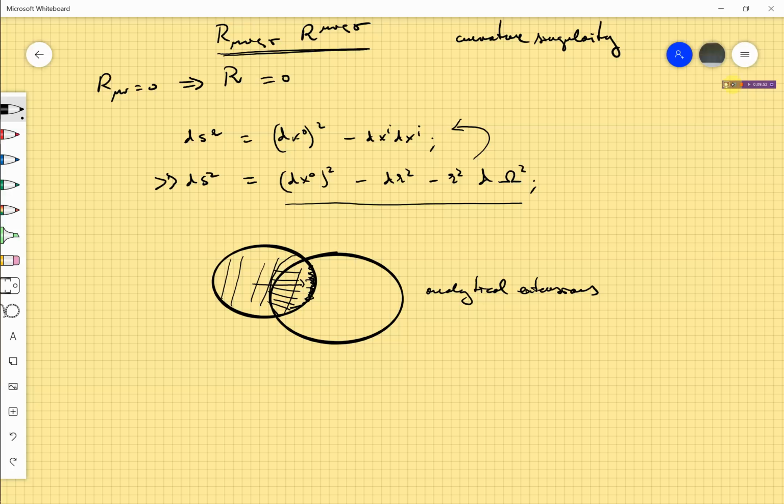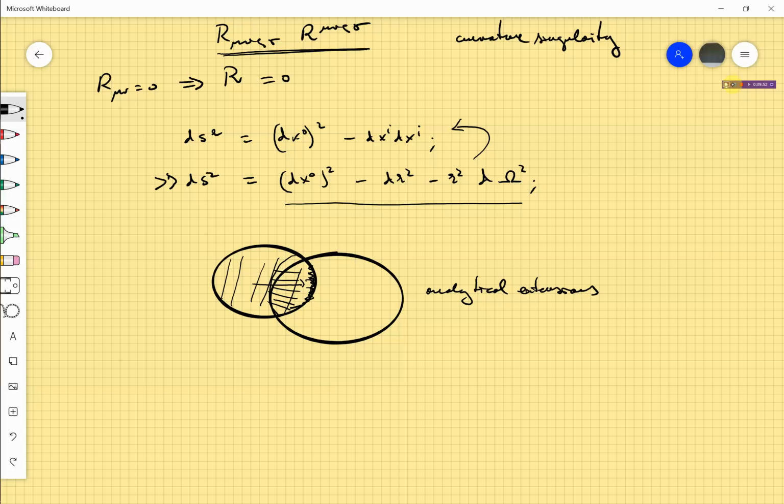Even if there are no curvature singularities, suppose that you find some other coordinates and it doesn't look like there is a curvature singularity, there is another possibility for a space-time, or a metric, to be singular, and this is that you follow the geodesic of a particle, and for a finite value of the affine parameter, it stops at some point, and you cannot extend it anymore.